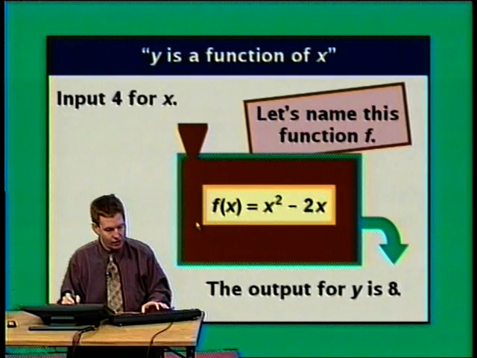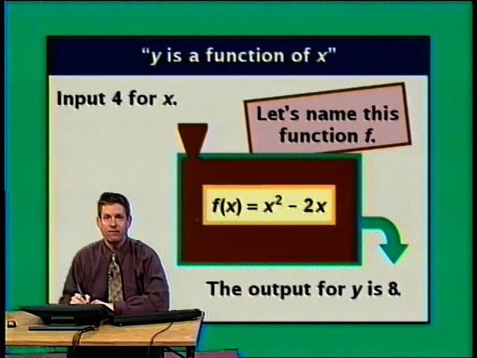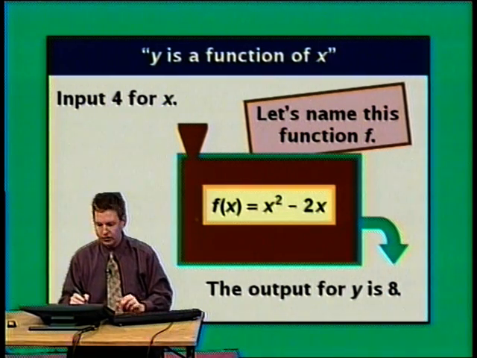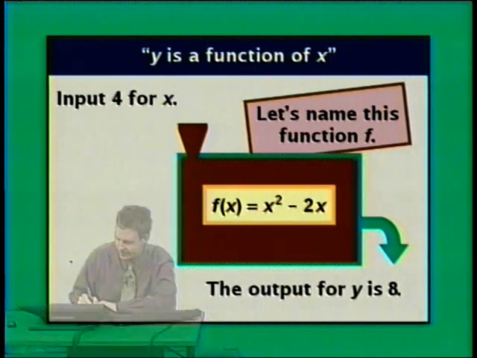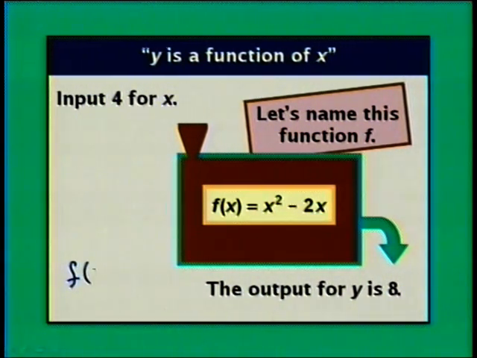Alrighty, so when we input 4 for x, the output was 8 for y. So what we say here is that f of 4 equals 8. Say that out loud. F of 4 equals 8.